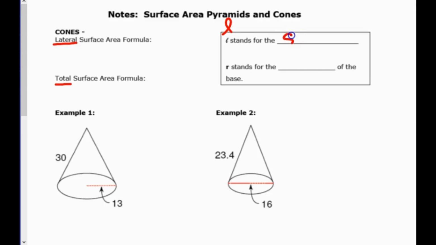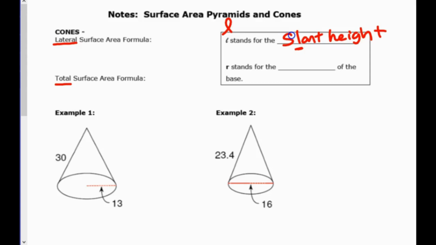The weirdest thing about that is that the L is not the first letter, it's the second letter, okay? Slant. Make sure you write that down in the top right box. Okay, so again, cursive looking L is not length, it is slant height.